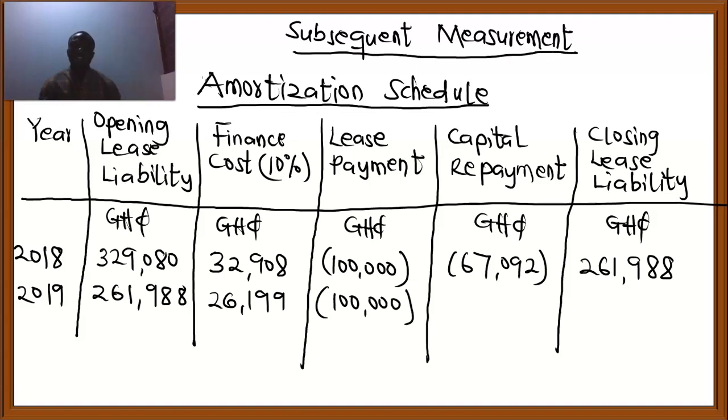When you net off the finance cost and lease payment, we have a capital repayment of 73,801. Then when you subtract the capital repayment from the opening lease liability, we have a closing lease liability of 188,187. We are told to show extracts for 2018 alone, so we can leave the amortization schedule here.